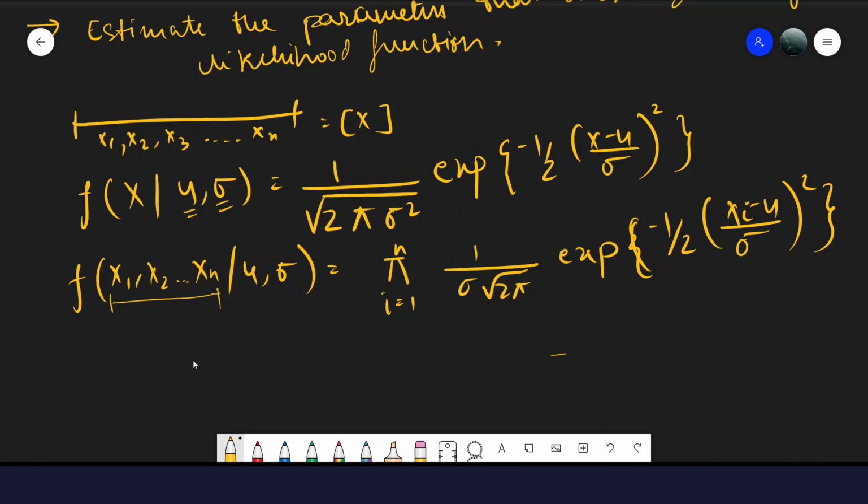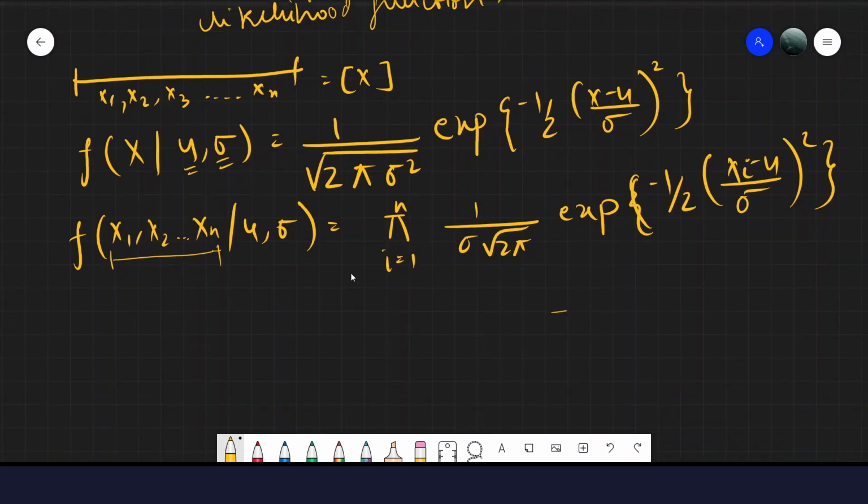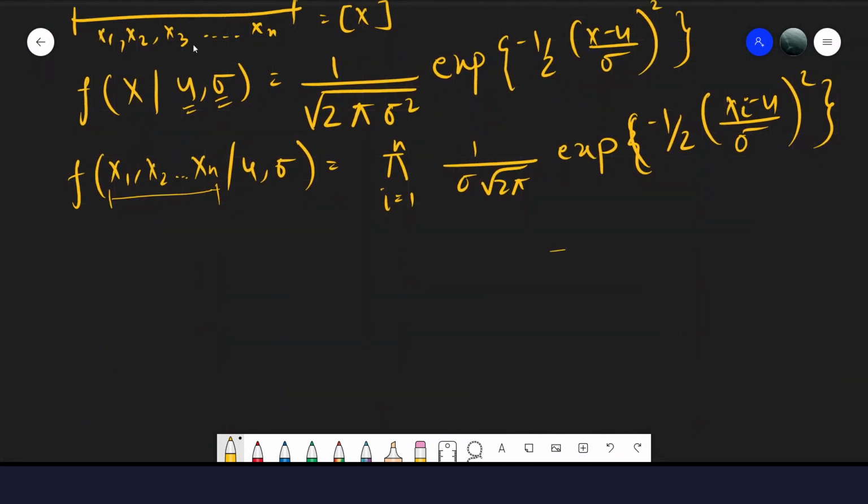So the next step is to take the log of this. Now, why do I take the log? It is just to make the calculations a little easier, because we'll have to find the values of mu and sigma where the likelihood is maximized. If I don't take the log, I'll have to apply the chain rule on this product, multiplying over and over again, where you have n data points, and this n can run to 1000 or 10,000.